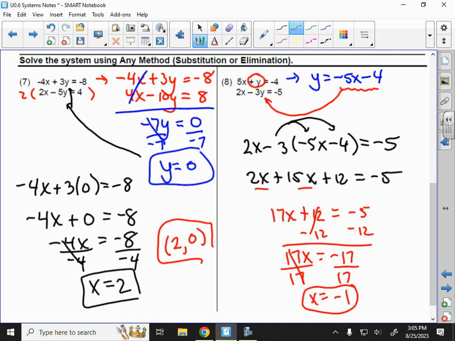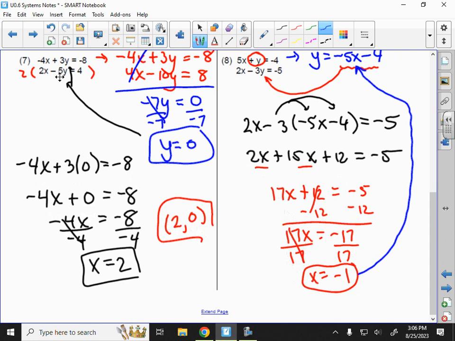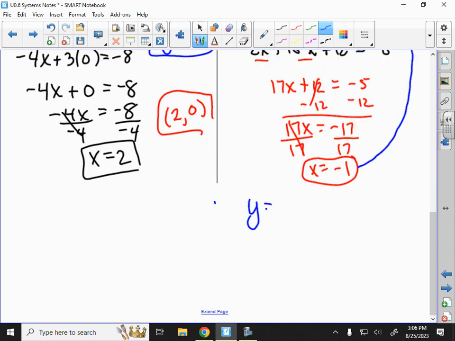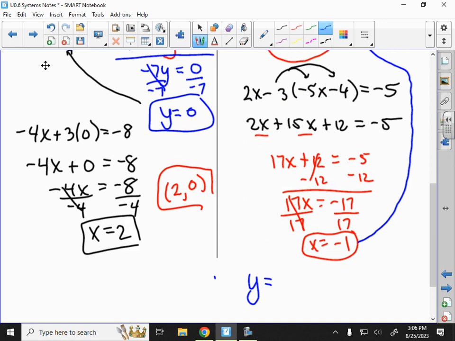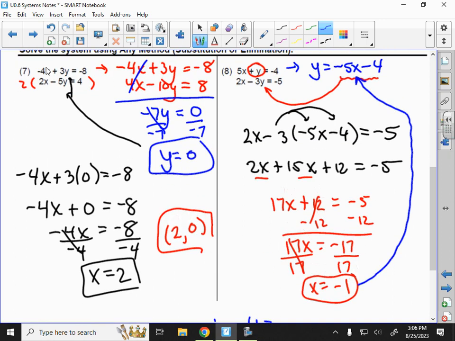All right, so then we'll take x equals negative 1. You can substitute it back into any equation, really, but I'll just plug it in right there since it's already solved for y. It's going to make it a little bit easier. So y equals negative 5 times x.